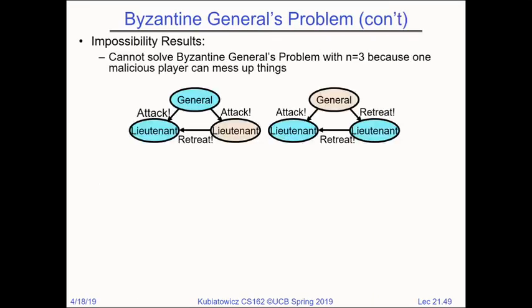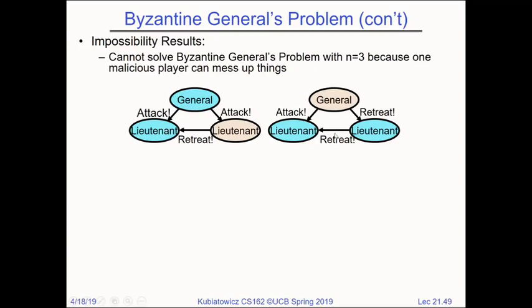Again, I put the paper up if you want to read about Byzantine agreement. But there's an impossibility result that starts out, which is you cannot solve the Byzantine generals problem with n equal to 3. It's impossible. The simple thing you can see is, here's a case where the lieutenant is malicious but the general's not. So he says attack to both of them. But this lieutenant here doesn't know what to do because he's getting attack from the general and retreat from the other lieutenant.